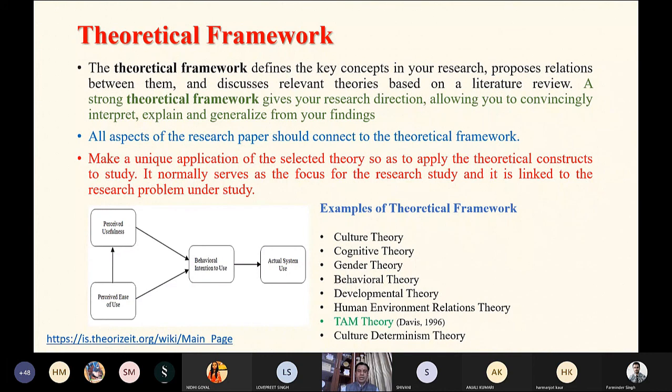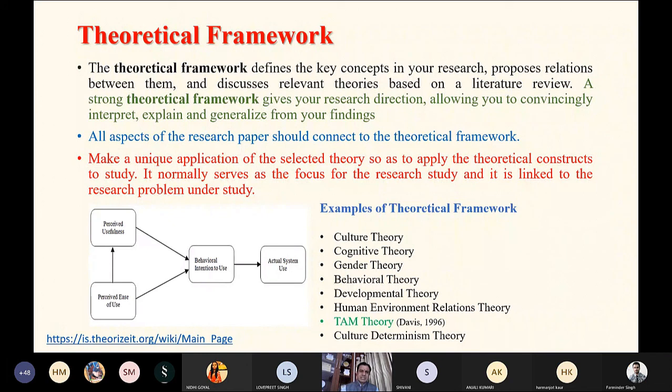There will be no research paper without a theoretical framework. This is possible only in those cases where theories are lacking, where theories are not yet developed by someone else. But the majority of the research going on these days has a theoretical framework.